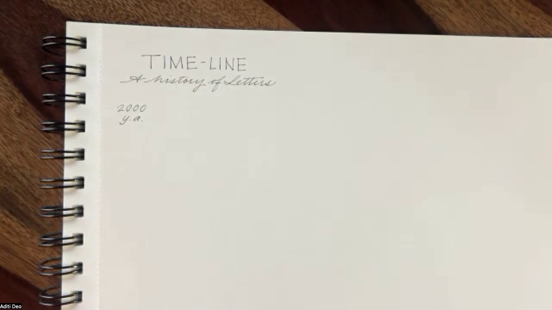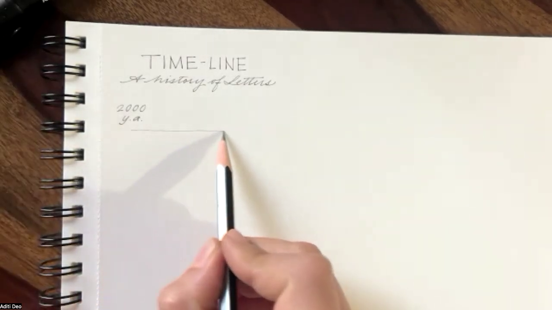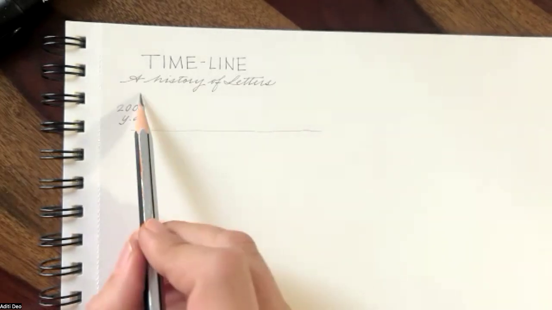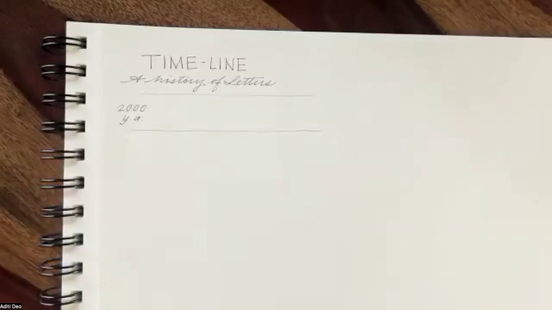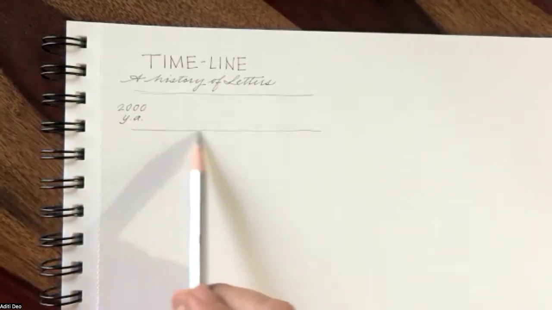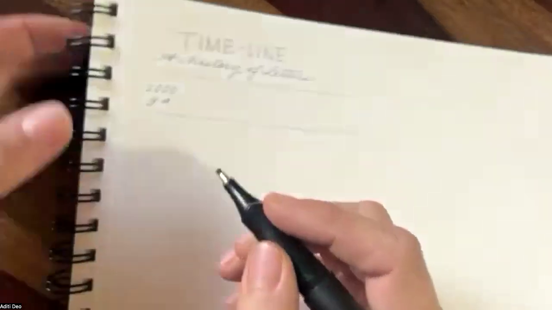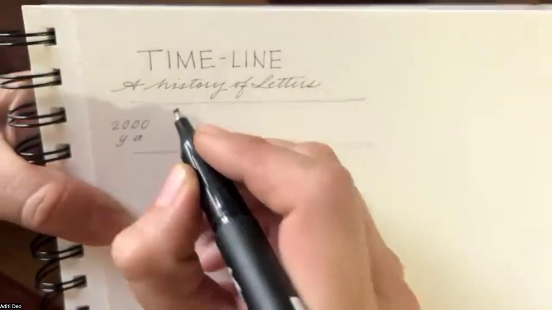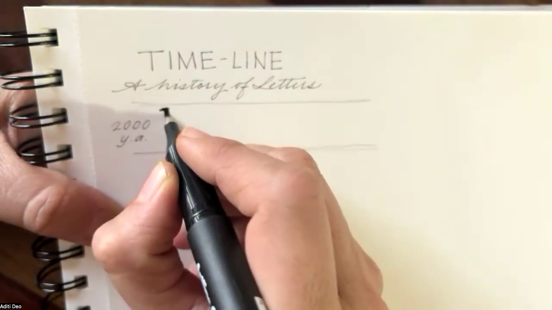Now, before I write any letters, I'm first going to make a baseline because I want my letters to sit straight on the paper. So I want you to see this. You don't have to write it, just observe how I'm making these letters.